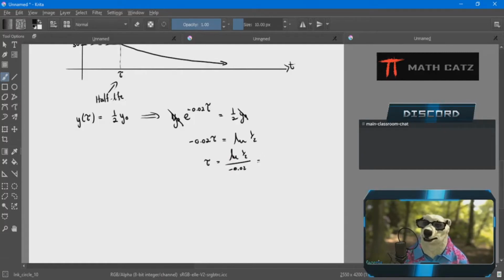So tau is the natural log of a half over the decay constant. In general, the half would still be there because of this half-life concept, and it would be a k. So this is independent of my initial amount. It's a key property of how fast this substance decays over time.